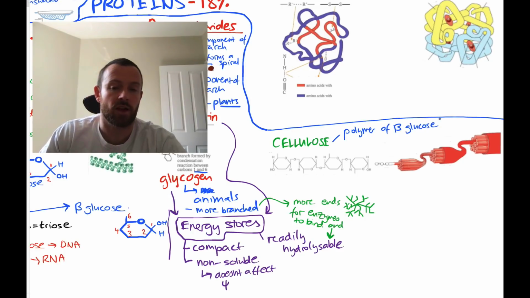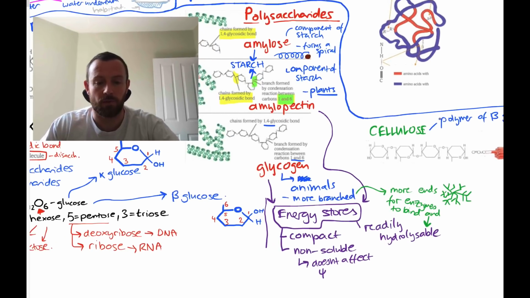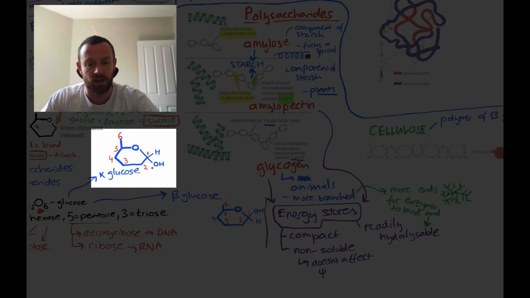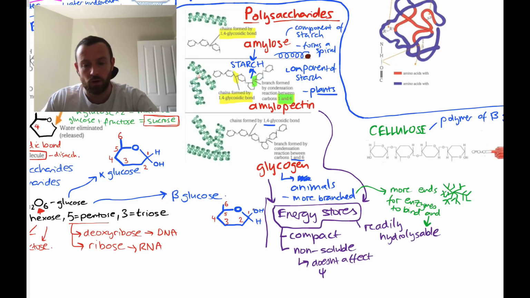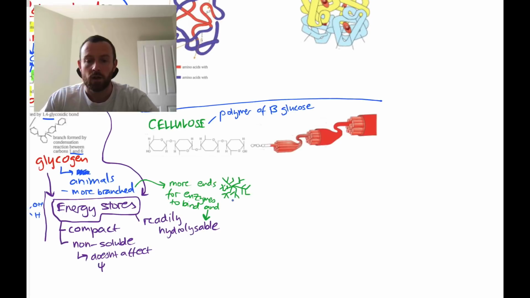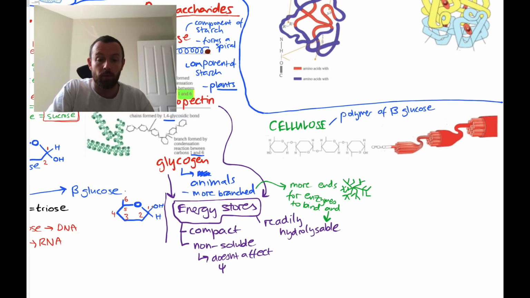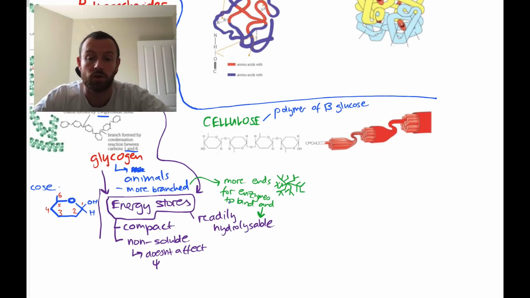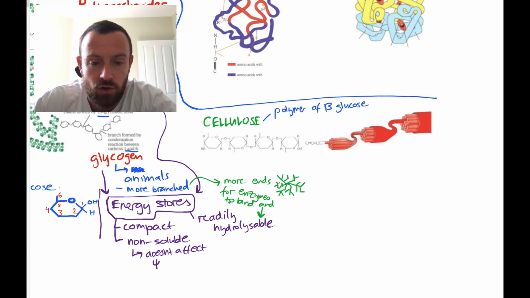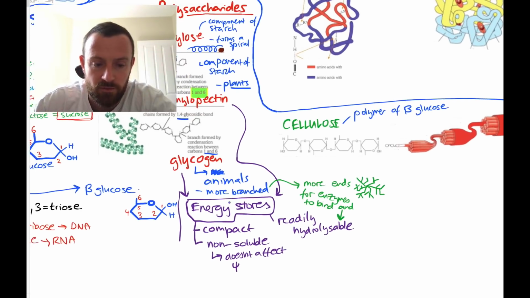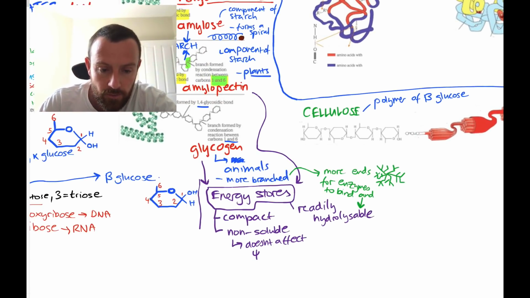Now, you really wouldn't think that it would make such a big difference. Remember, alpha glucose is this over here, and beta glucose is this down here. So it's all about the orientation of the hydroxyl group on carbon 1. Because the hydroxyl group is facing up in carbon 1 on beta glucose, and the hydroxyl group on carbon 4 is facing down, I'll actually draw that in over here.